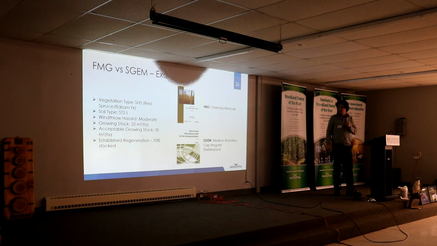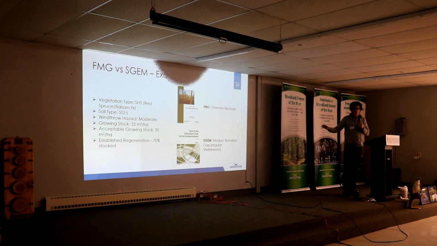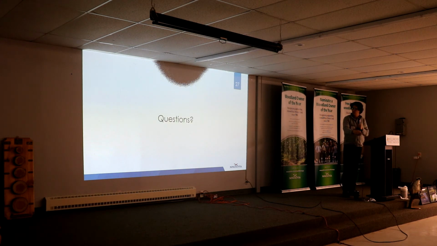Whereas now we're going to move this to a higher retention treatment that focuses on maintaining the forest sector, but also putting biodiversity first, like it says in Lahey, and it would be a medium retention gap irregular shelterwood. And that gap to acknowledge that there's a higher risk of windthrow if it were a continuous cover kind of treatment. So there's a lot to absorb there, but it's exciting times for forestry in Nova Scotia.